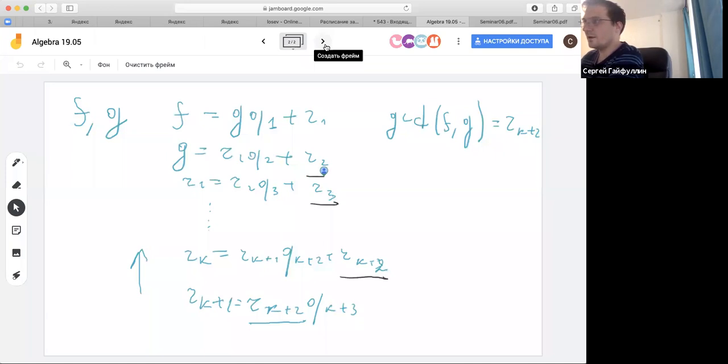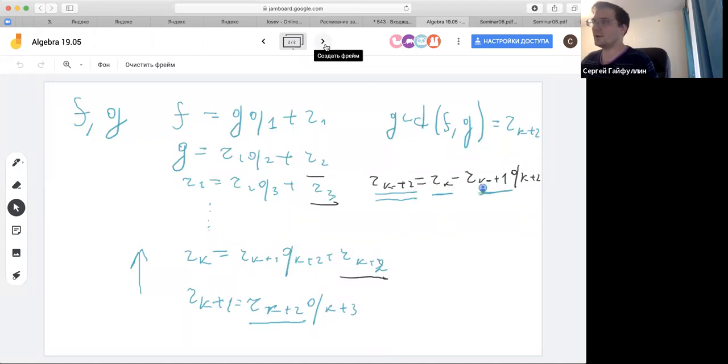How do we find it? rk+2 equals rk minus rk+1 multiplied by qk+2. So we have that this rk+2 is just some representation by rk and rk+1.